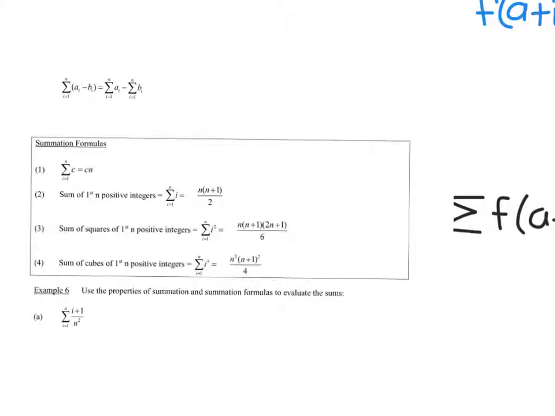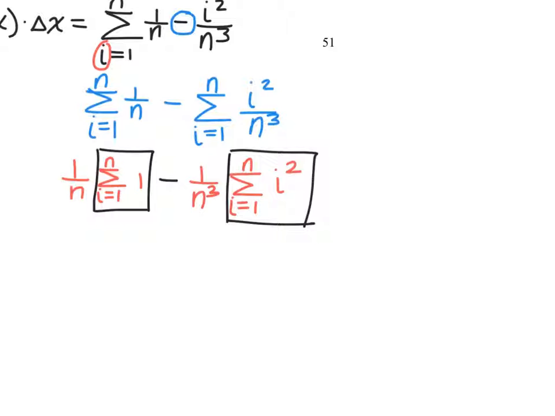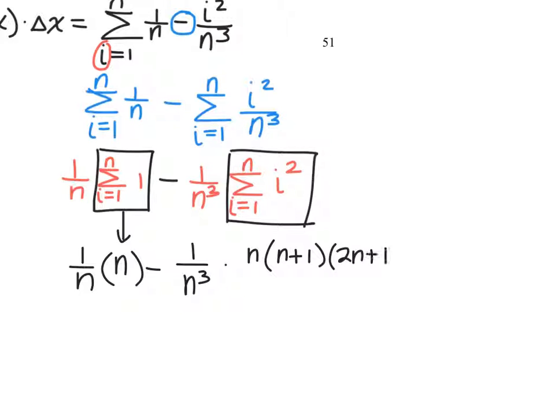The other one we talked about yesterday, so that's not new information. So for this problem, if we're just taking the constant multiplying it by the upper bound, we're just talking about n as the result. So 1 over n times n minus 1 over n cubed times n times n plus 1 times 2n plus 1 all over 6.